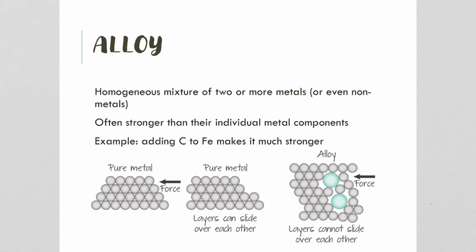In a pure metal, when you apply force to it, remember the ions will slide across one another, so layers can slide over one another. But once you add in other components, if this was steel, for instance, and we added in some carbon, when you apply the force, the layers can't slide over each other anymore. So this actually makes them stronger.